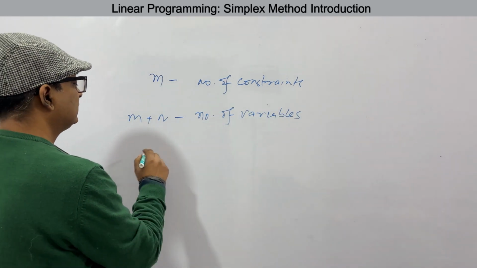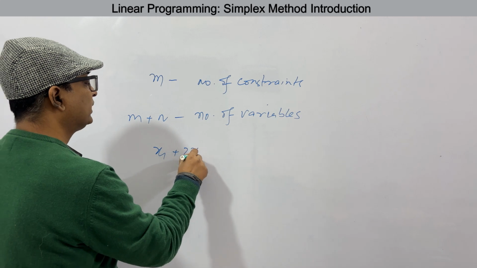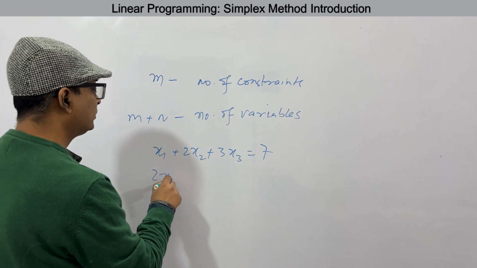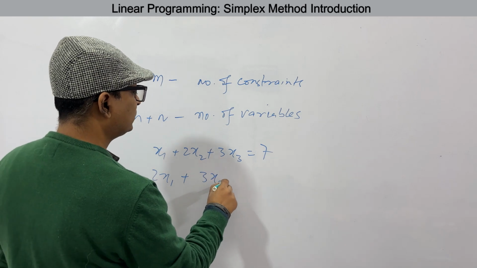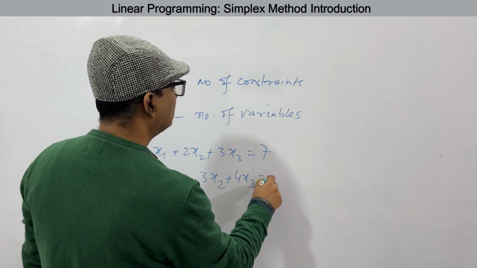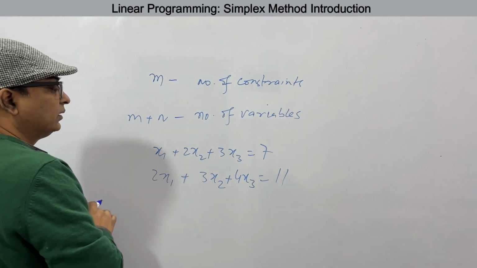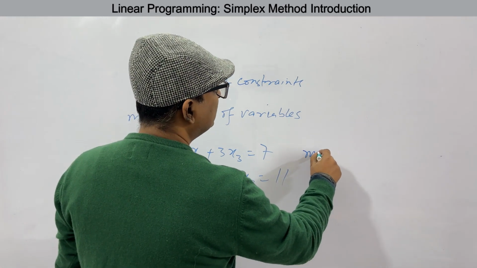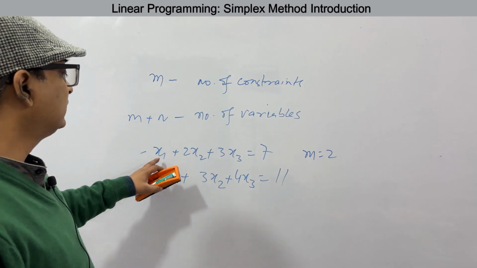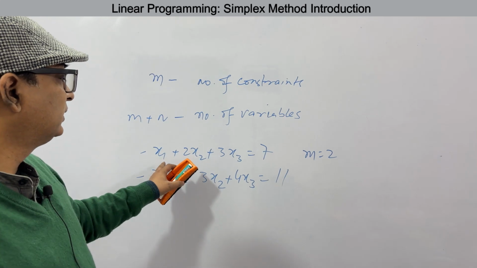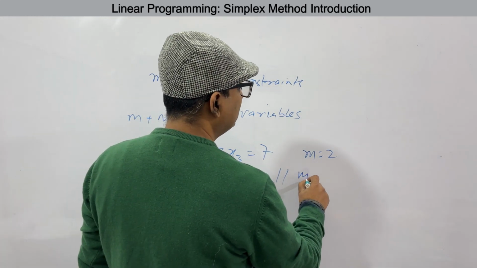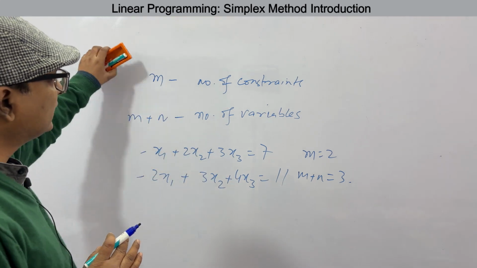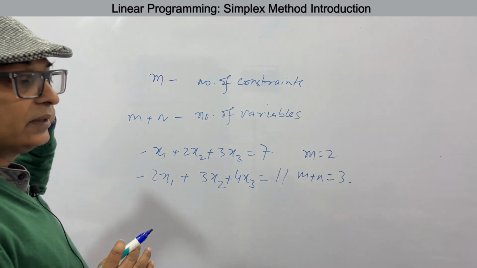What is the meaning of this? x1 plus 2x2 plus 3x3 is equal to 7. 2x1 plus 3x2 plus 4x3 is 11. We have two constraints given here, that is m is equal to 2, but the number of variables is 3. So m plus n is 3. This is the first thing to understand, m and m plus n.